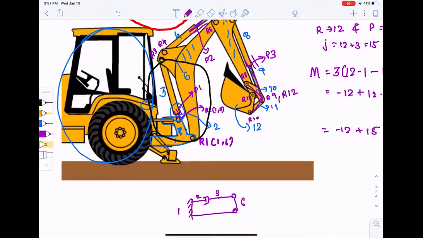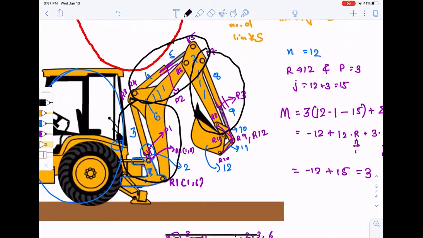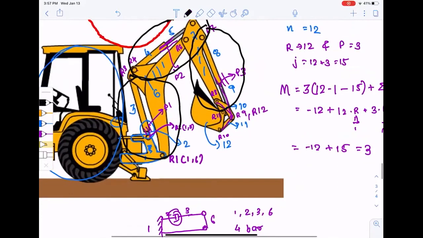So you can see there are total 4 links, 1, 2, 3, and 6. So this is kind of a 4 bar, and we have 1 degree of freedom in this 4 bar. And if you analyze this portion, it will be similar. If you analyze it over here, it is also similar. So we essentially have 3 4 bars over here, and with each 4 bar we have 1 degree of freedom.